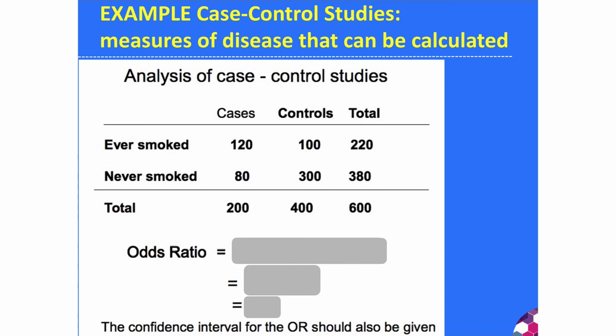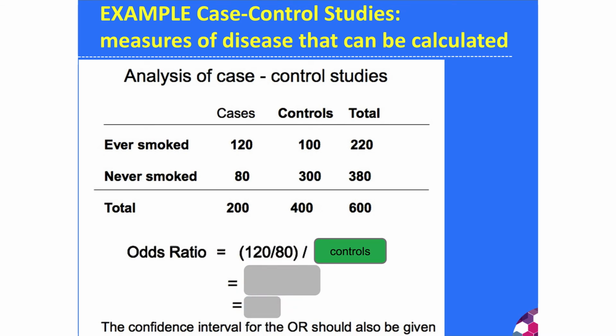So let's look at another example of a case control study. Again, slightly different numbers. Again, let's see if you can do it. So the odds ratio in this context of a case control study is cases divided by the controls. And so in terms of cases, what do we have in terms of odds?